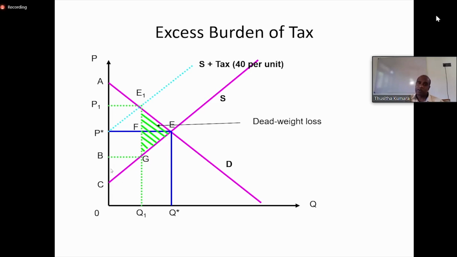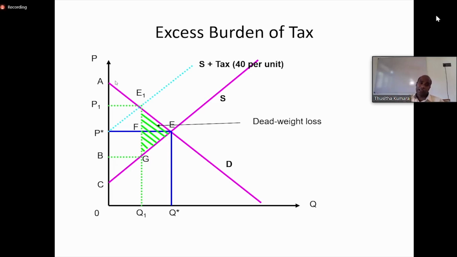This area is equal to this area because these two are parallel. Therefore, we take P1, E1, P star producer surplus, and for calculation, we put it here. BGC. Right. This is why BGC is known as producer surplus. Of course, it is not the producer surplus, but we put it for some calculation. I will show you why we did it.